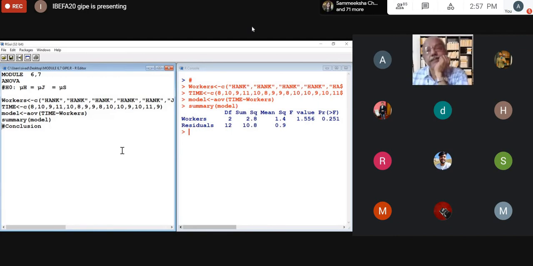Finished. So instead of looking at these degrees of freedom, sum of square, mean square, f value, etc., directly you look at the p value. P value means probability value, 0.251.